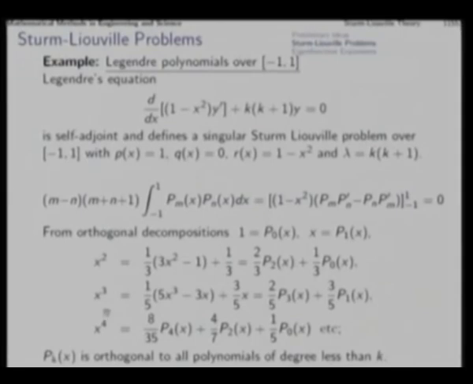So, x to the power 4 will consist up to P4, and x to the power k will be expressed as a linear combination of Pk, Pk minus 2, Pk minus 4, Pk minus 6 up to either P1 or P0 and so on.